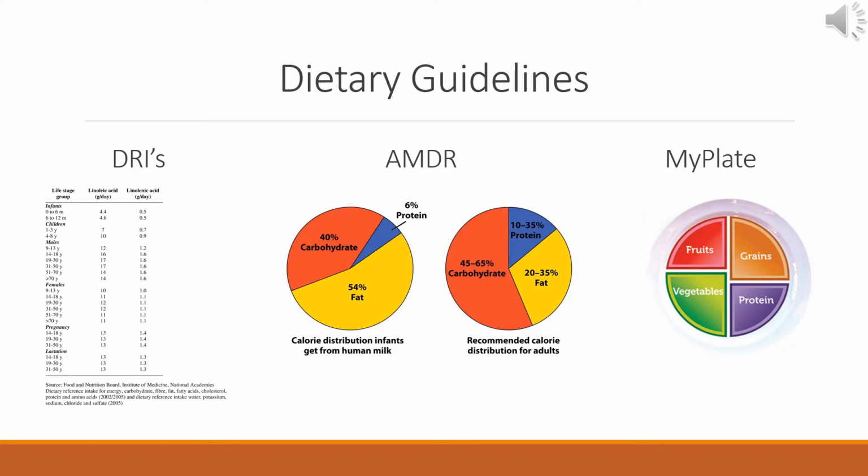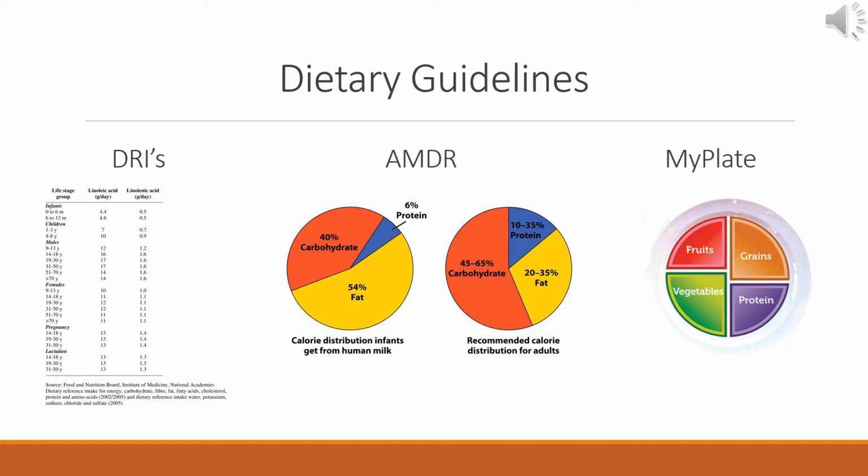For the dietary guidelines, we can break those down into 3 separate groups. We have 1, the dietary reference intakes, 2, acceptable macronutrient distribution ranges, and 3, the food guides. For the DRIs, or the dietary reference intakes, there's a few different types, but what we can do with the DRIs is look up specific nutrients and determine how much of those nutrients a certain age group should be getting.